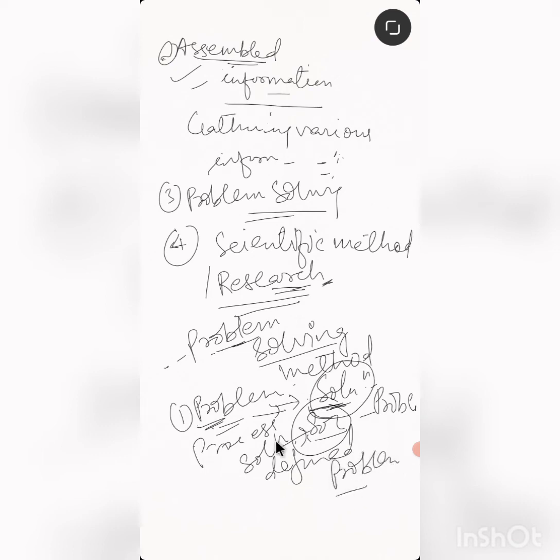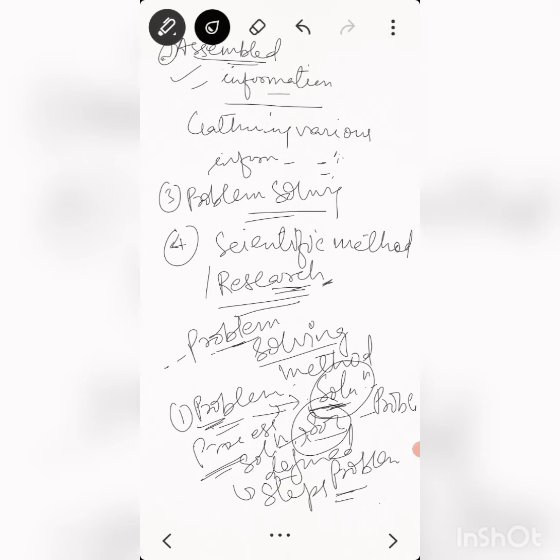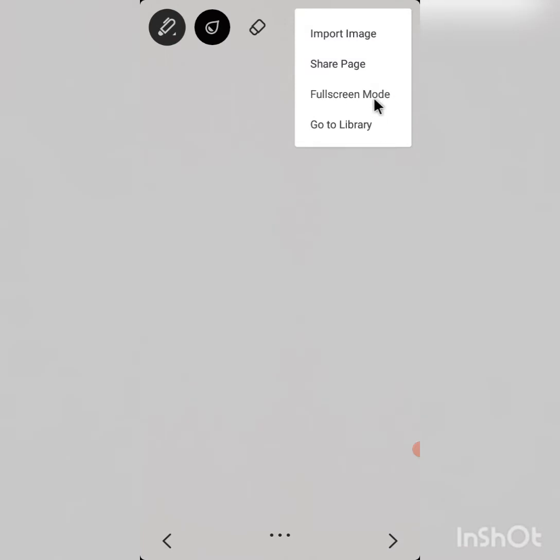So hence this is a process. It means it will comprise certain steps. So we'll move to the steps of problem solving, right? So what are the steps of problem solving? Problem solving process.